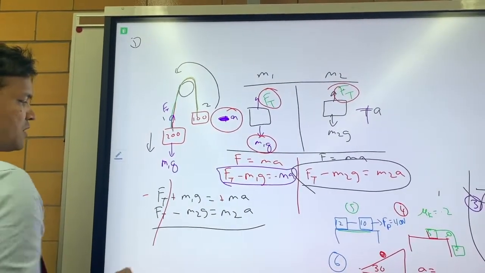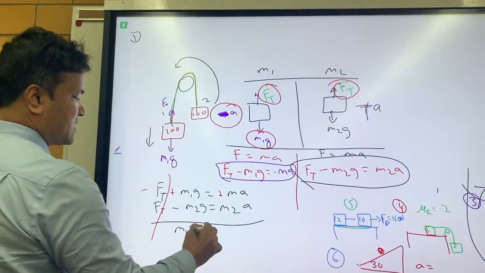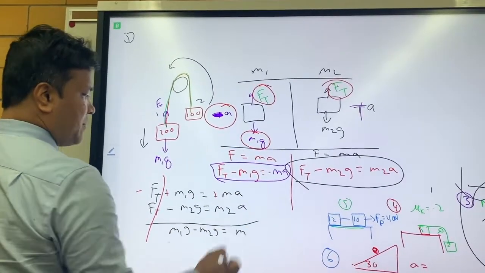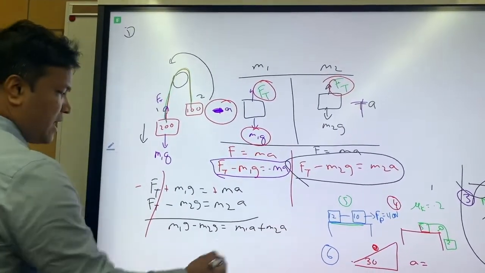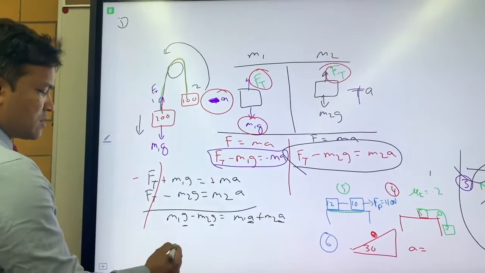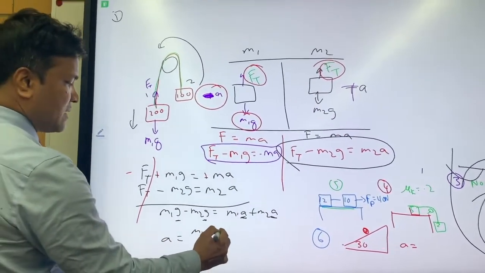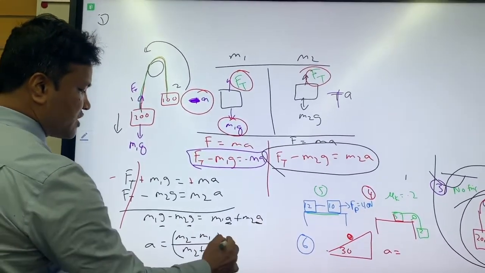So I'm going to cross this one. So I have m1g minus m2g is equal to m1a plus m2a. So I can take a common factor, so a is equal to m2 minus m1 over m2 plus m1 times g.